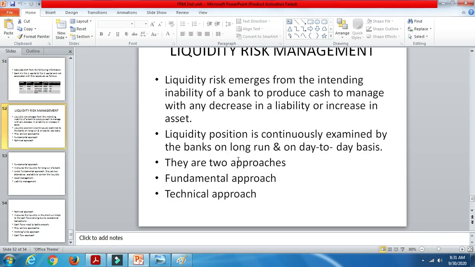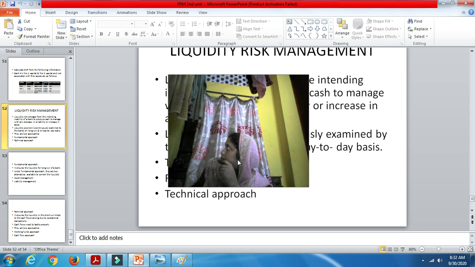Another method is liquidity risk management. We have already discussed so much about this in the RBI guidelines where the buckets are introduced: up to 2 days, 2 to 14 days, 14 to 28 days, 28 to 60 days, 60 to 90 days, 90 to 180 days.